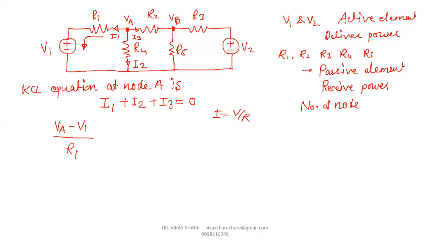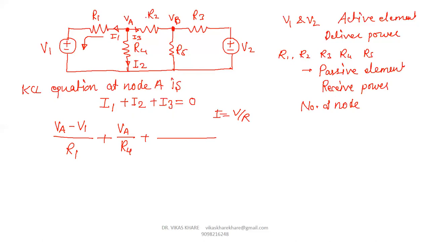Current flows in this direction and the terminal of V1 is negative, so VA minus V1 upon R1. Then the value of I2 is equal to VA upon R4.